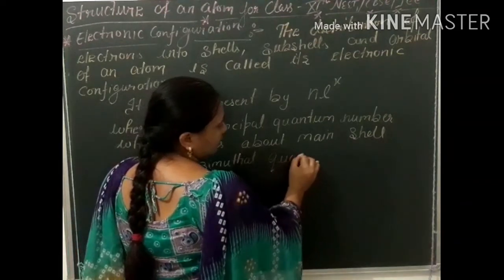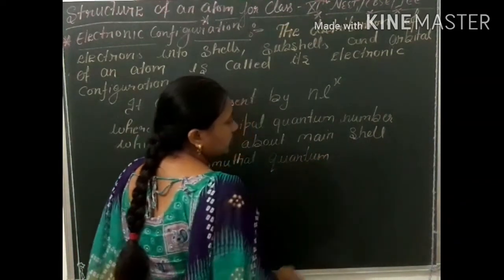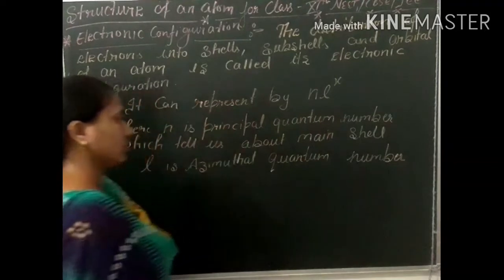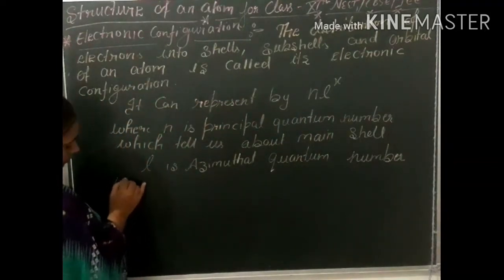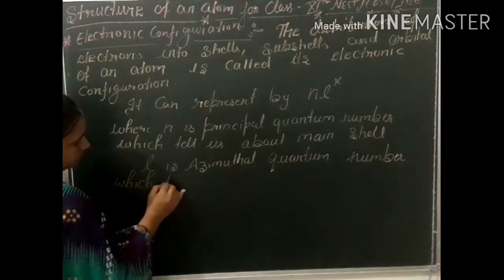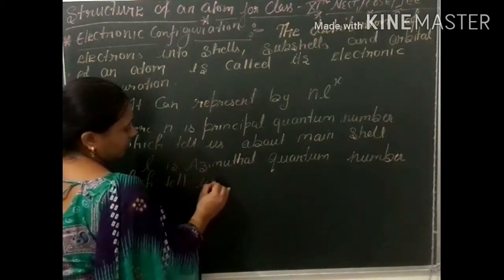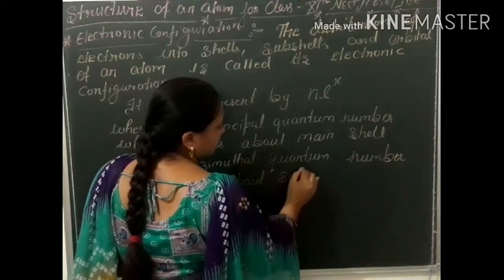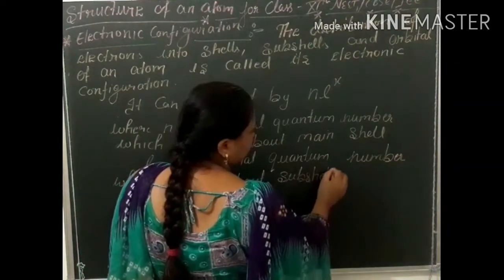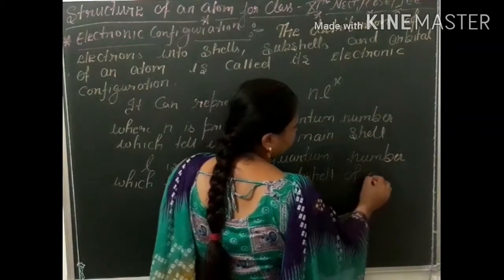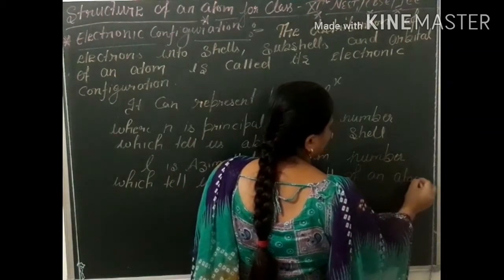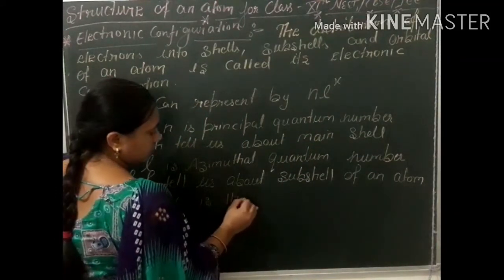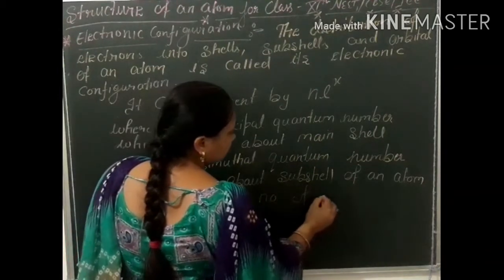azimuthal quantum number, which tells us about the subshell of an atom, and x is the number of electrons.